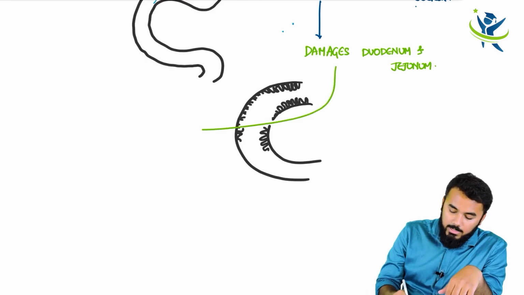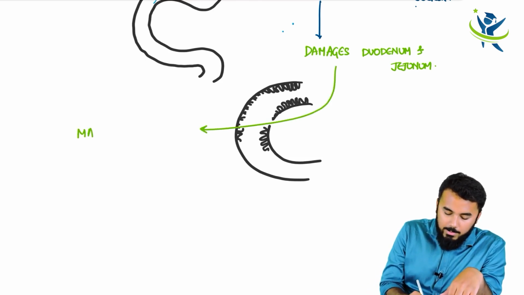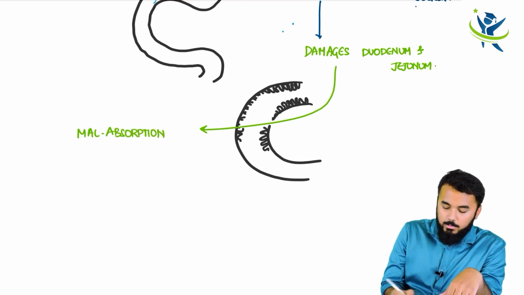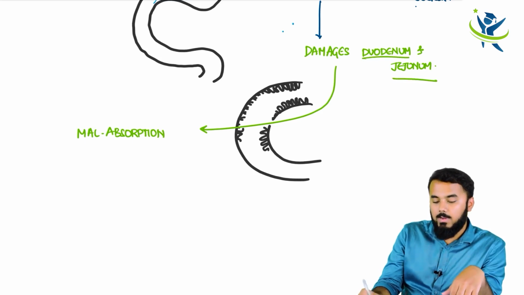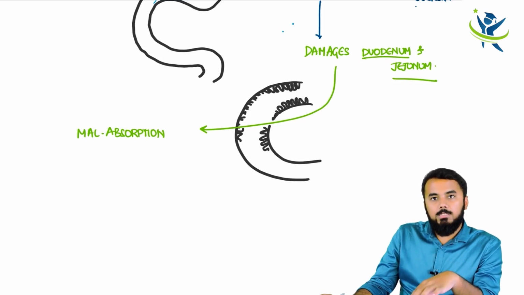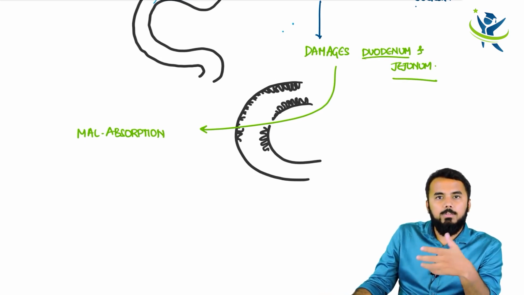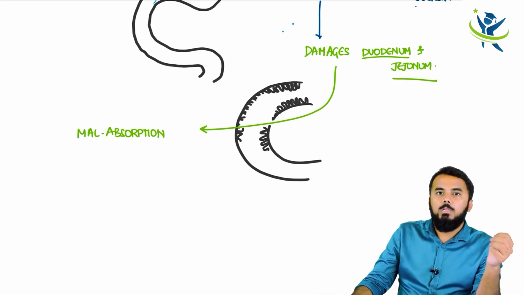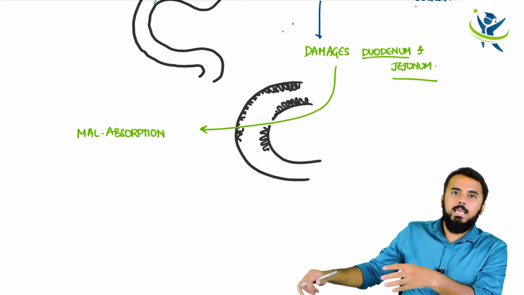So this would lead to malabsorption, bad absorption, in both the duodenum as well as the jejunum. As a result, the food is not getting digested or absorbed properly, so that food will be excreted as it is.